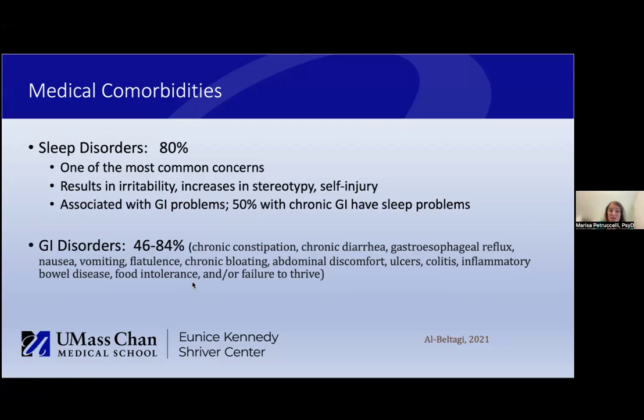But in particular, sleep disorders and GI conditions. So it's important to know that these often co-occur and also at very high rates in the population.